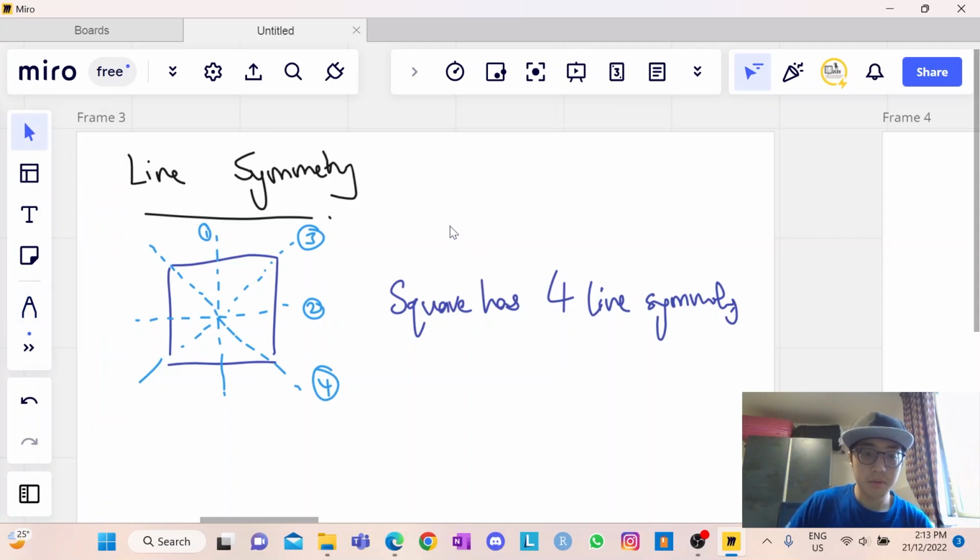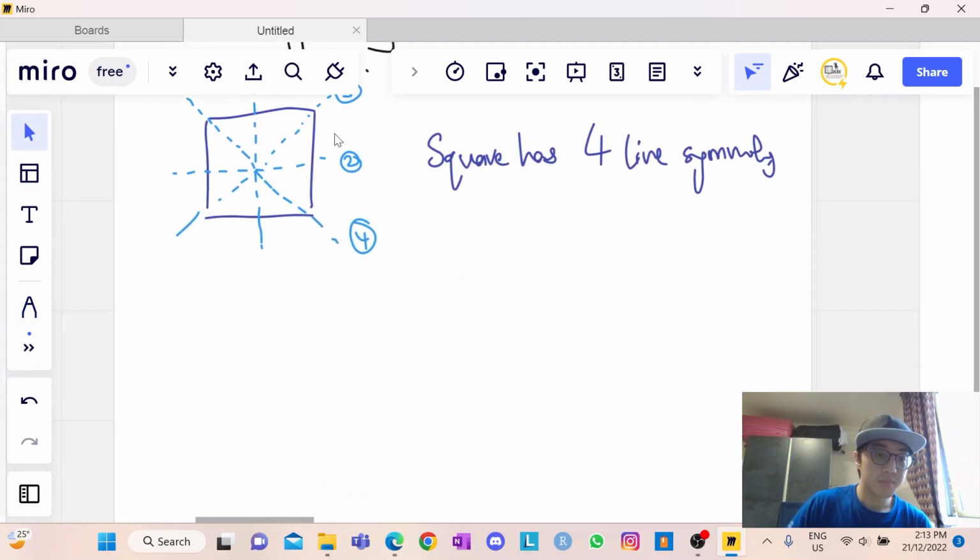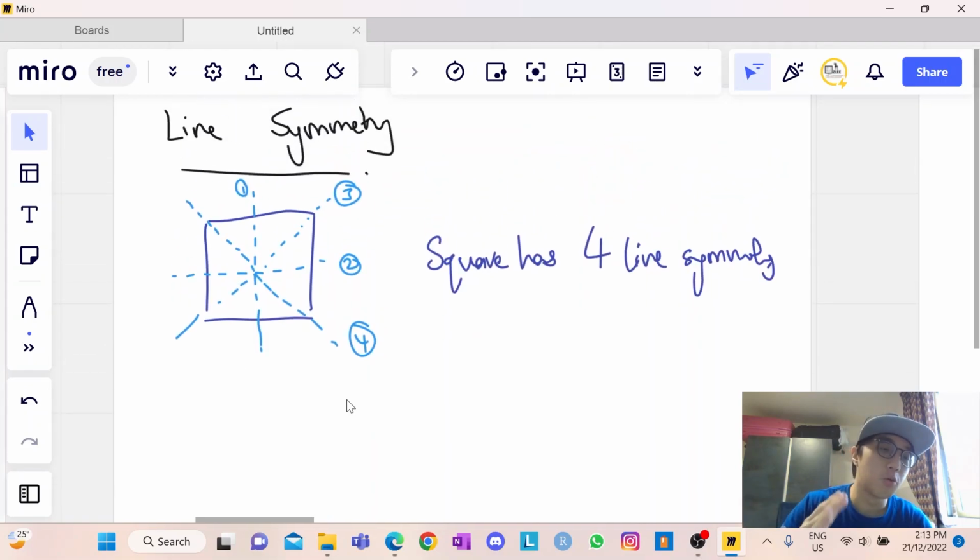From the same example here, I need to remind you that to look for line symmetry, you can imagine you are folding the shape so that you get equal sides on both of them.